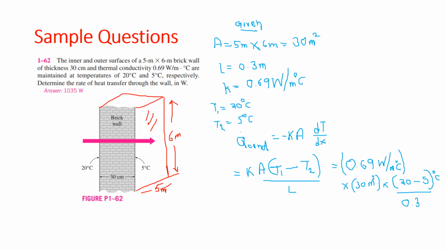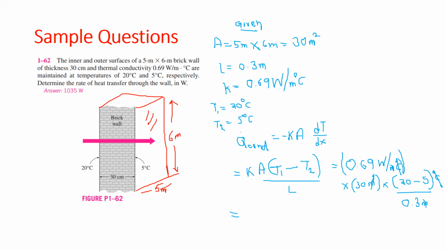So if I cancel all the units here, meter square will get cancelled, and degree Celsius is also getting cancelled. So what is remaining in our answer?